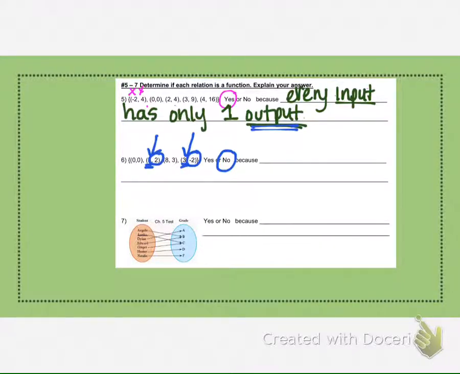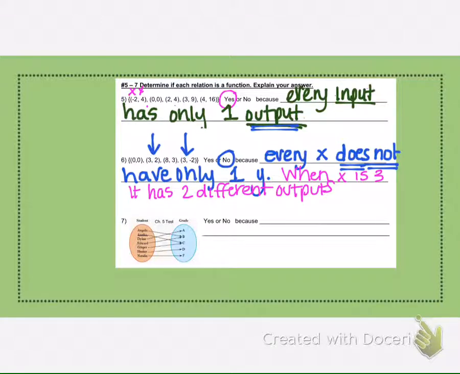So no, because every x does not have only one y. When x is 3, it has two different outputs, 2 and negative 2. I could also say, instead of x and y, because every input does not have only one output.